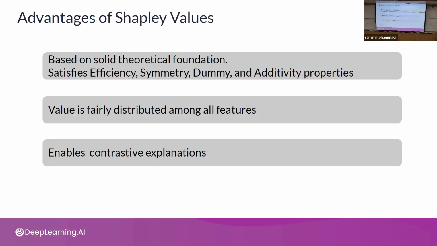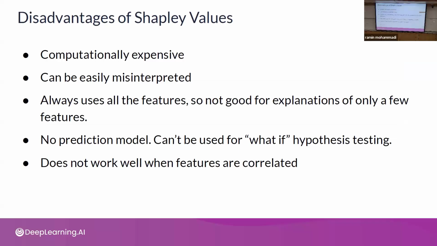So the advantages are that, well, it has a solid theoretical formulation. It's fairly distributed. It gives you some options to have contrasting explanations. It has more disadvantages than advantages. It's computationally expensive.